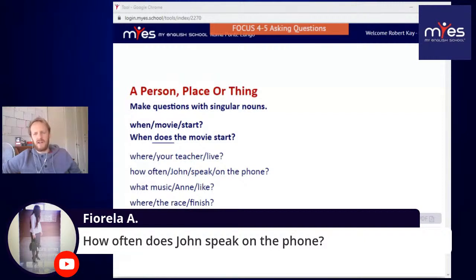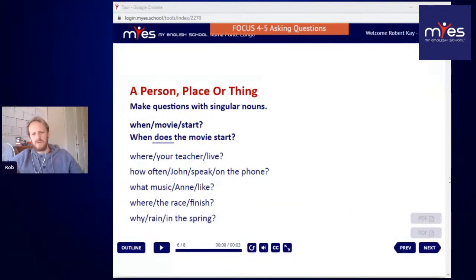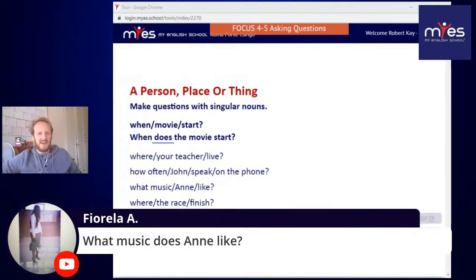Again, does because of third person, and speak has no S. What music does Anne like? Yeah, you see they are all very similar.